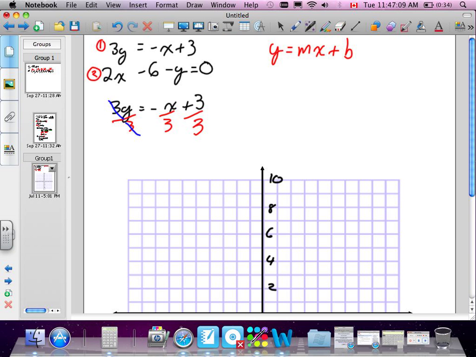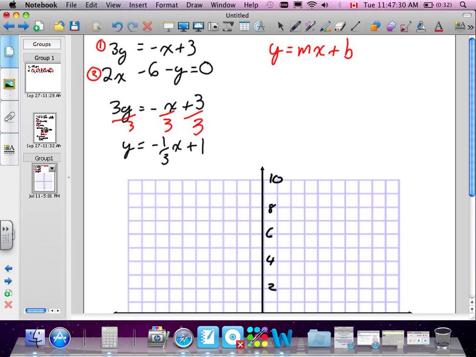When I divide the left side by 3, the 3's cancel out, and I'm left with just y. y is equal to negative x over 3, which can be rewritten as negative 1 over 3x, because there's always a 1 in front of the x, plus 1. So our first equation is set equal to y.